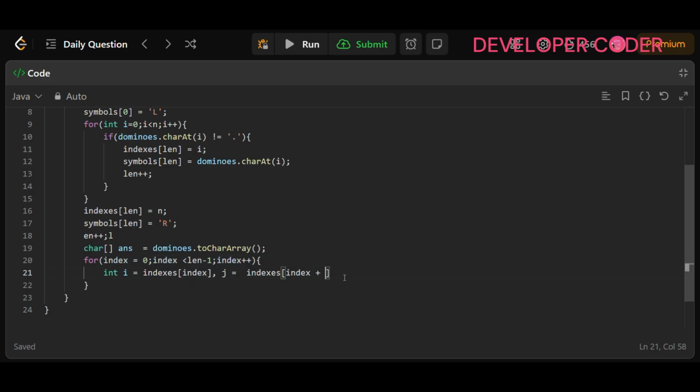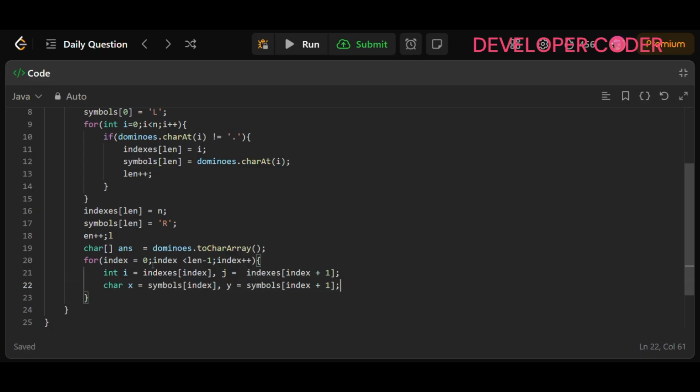So this is going to be your j. Then same way you have to take the symbols as well. Write character x is equal to symbols of index, and y is equal to symbols of index plus 1.